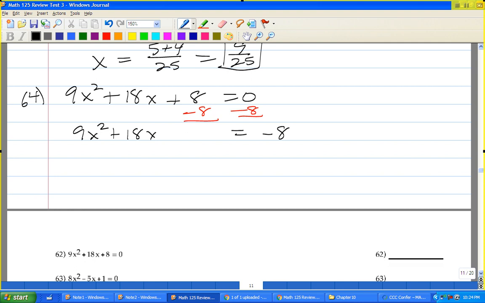Okay, so now let's take 9 times 2, which is 18. So 18 divided by 18 is 1. And 1 squared is 1, times 9 is 9. Let's add 9 to both sides of my equation. And so 9 minus 8 is 1.